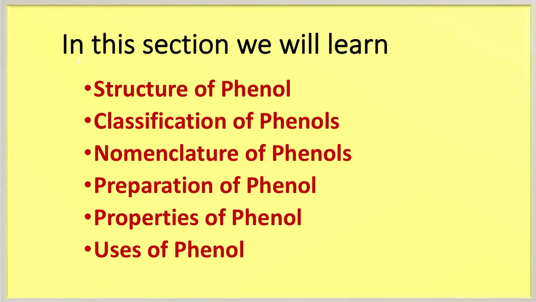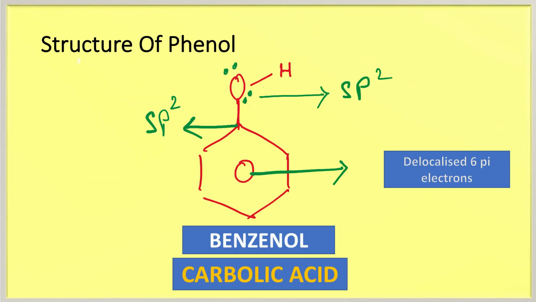First we will discuss the structure of phenol. You see this displayed on a TV screen. Here OH is directly attached to benzene. So phenols are the class of organic compounds in which OH is directly attached to benzene. I repeat, phenols are the class of organic compounds in which the hydroxyl group, that is OH, is directly attached to benzene.